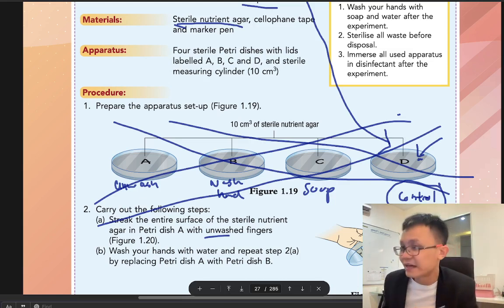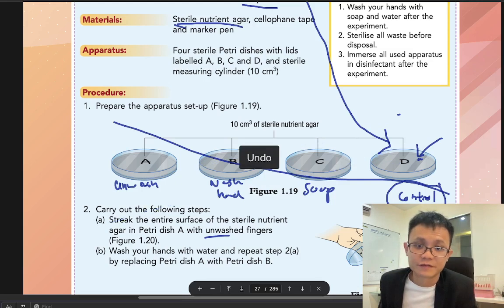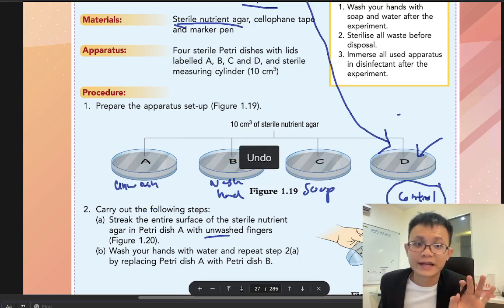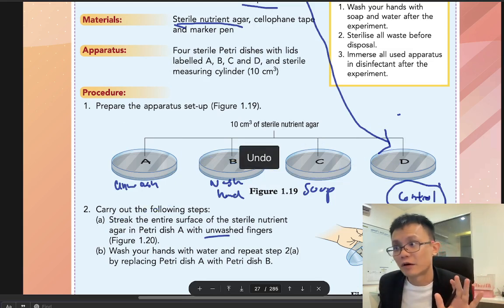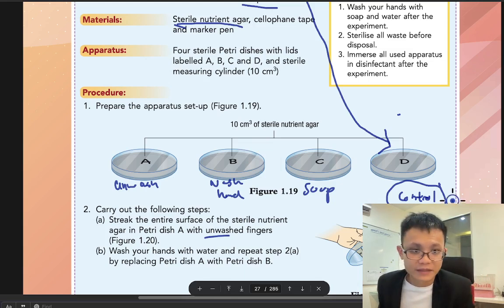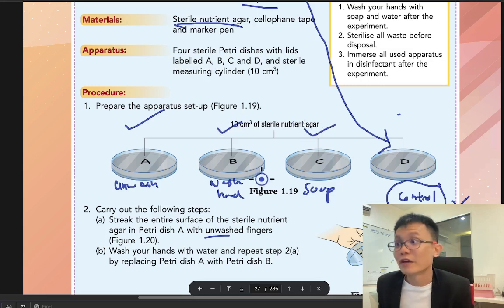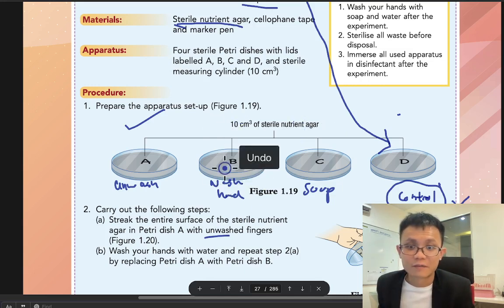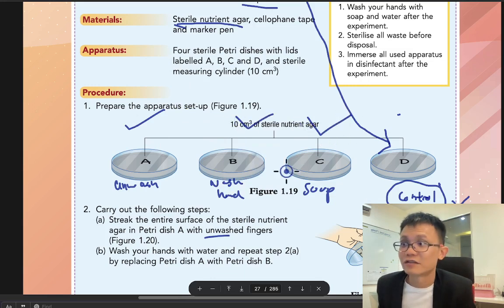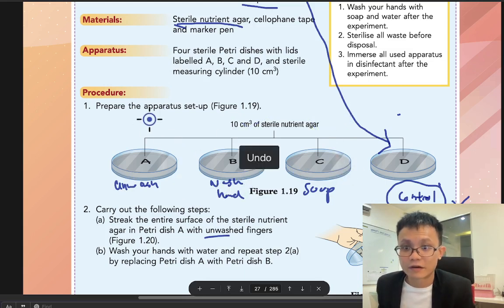So of course in science we always have a control. We just leave it there, see got problem or not. If the control has no bacteria, no problem, then we watch here, okay, here more bacteria, here bacteria, here no bacteria, then we conclude the experiment. Or maybe here more bacteria, here more bacteria, here no bacteria, also can. So we can say that unwashed hand and washed hand also got bacteria, soap no bacteria. Or here got bacteria, got bacteria, got bacteria.